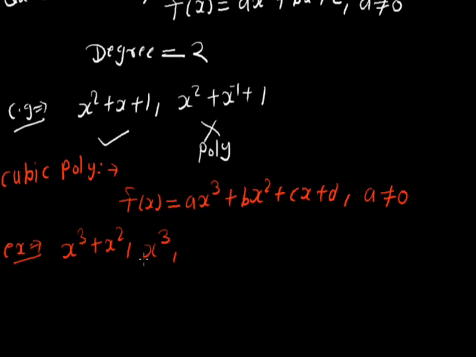In the first expression the number of terms is 2, but it doesn't matter. We have to check only the degree of the polynomial. Here the degree is 3, so it is our cubic polynomial. These are the examples of cubic polynomials.